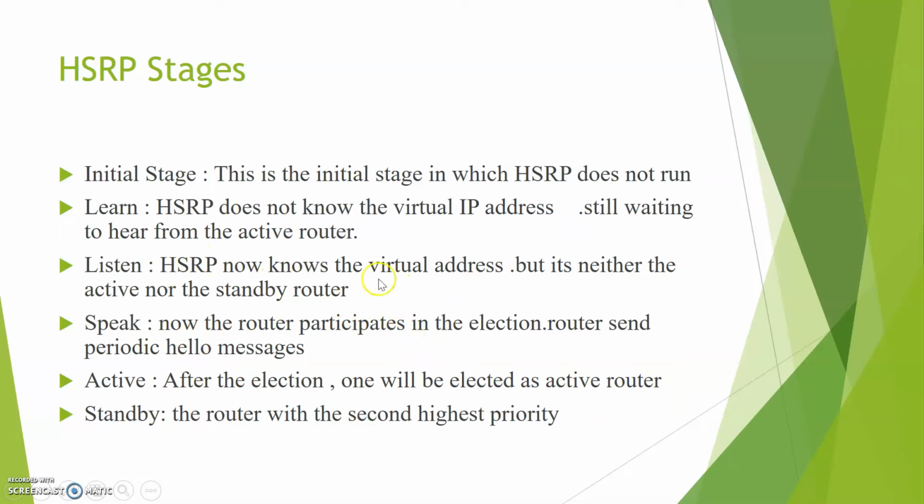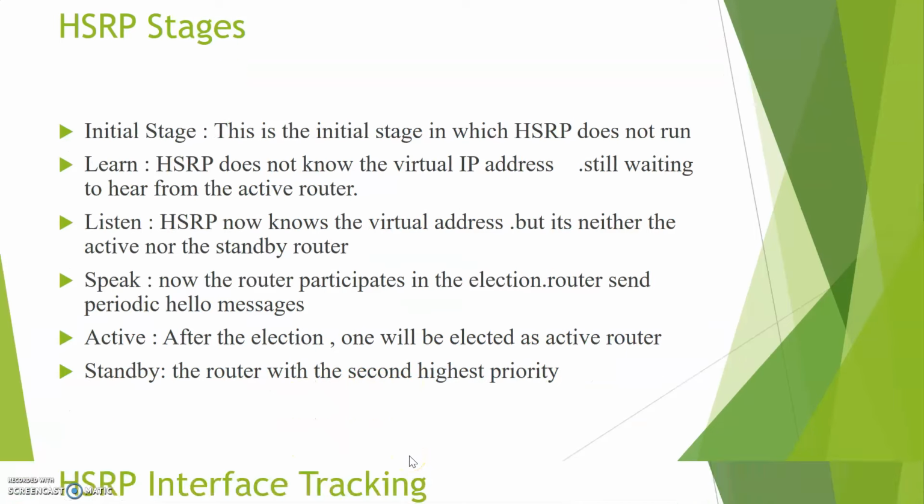Once the messages are shared, it will elect the active and the standby. The active router is elected as the router with the highest priority or the highest IP address, and the router with the second highest priority will be elected as the standby router. In case we do not assign any priority value, it will take the default priority value, that is 100.